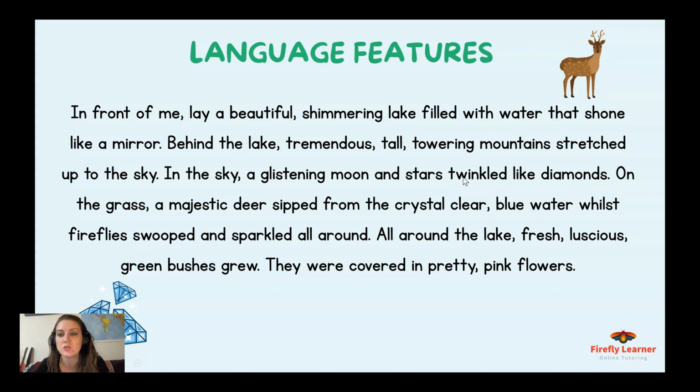We've got stars twinkled like diamonds. Twinkled is a powerful verb. We've got a deer sipped, a majestic deer sipped from the crystal clear blue water. Sipped is our powerful verb. We've got swooped, fireflies swooped and sparkled. Swooped and sparkled are both verbs. Grew is a verb, and covered is a verb.